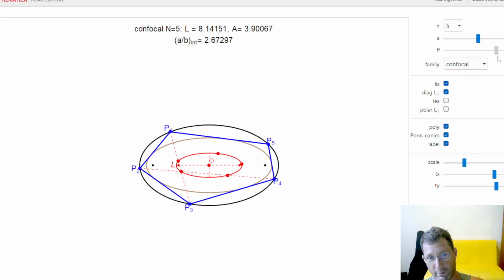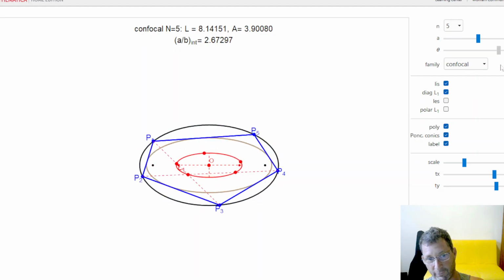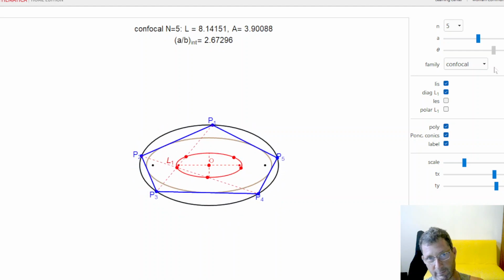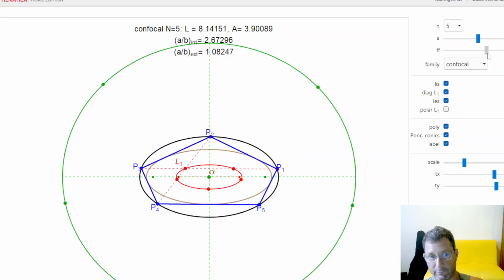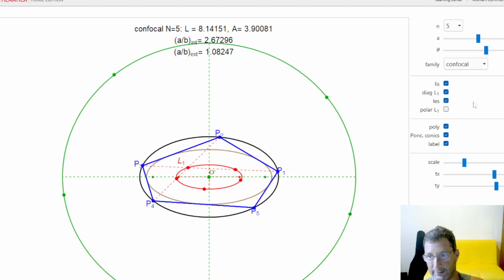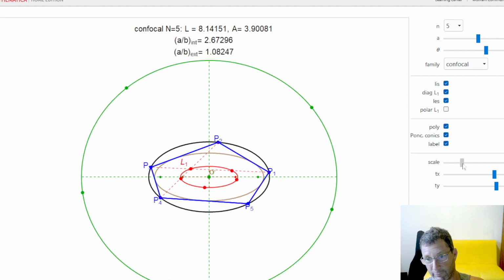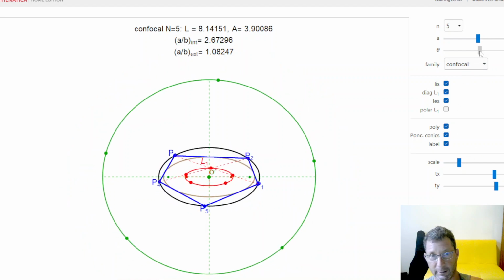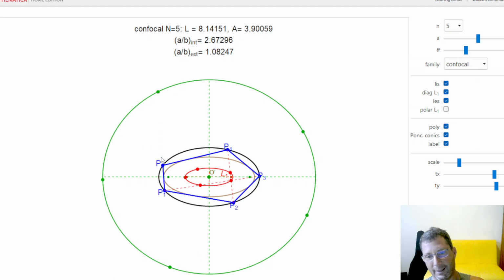So here's my confocal family, the billiard family, whose perimeter is conserved. But when I'm drawing those outer limiting points, and this is for n equals 5 exclusively, they fall on an ellipse that is stationary and whose foci, green and green, are confocal with the original pair. So this is pretty nice.